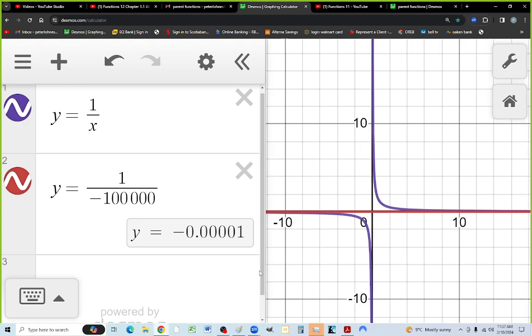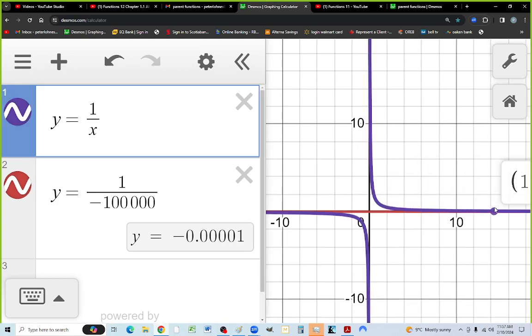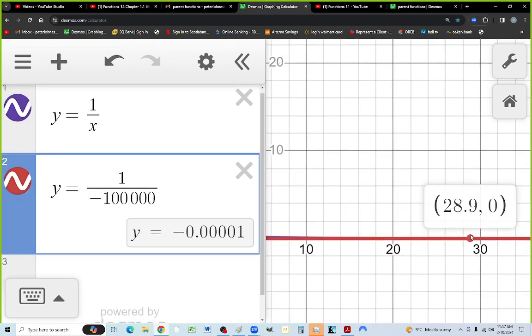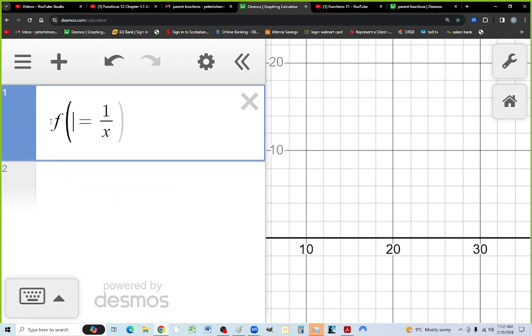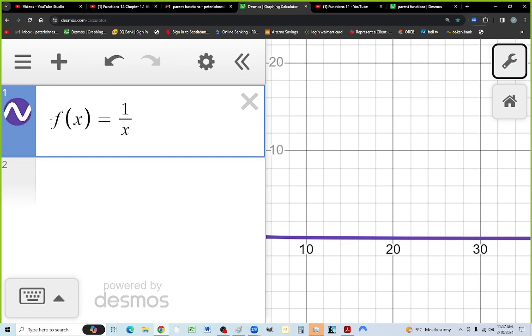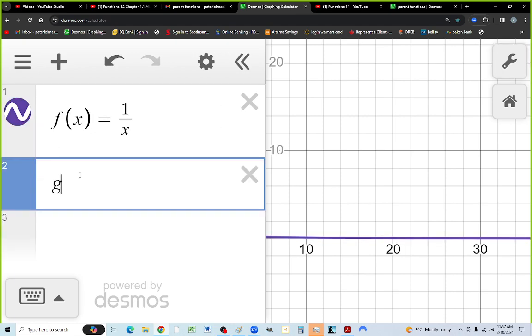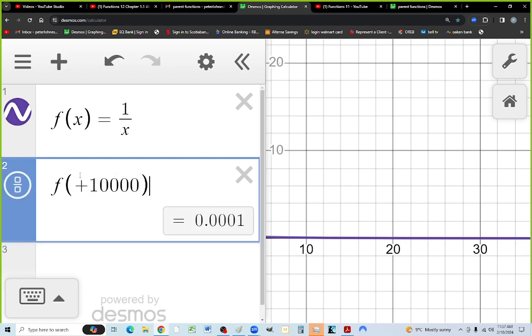But let's look at the far right side. As x approaches positive infinity, what is y approaching? Let's figure that out. I can just put f of x in here instead of y, and then down here I can let it solve for me by putting f of positive a million. What is y approaching? Put some more zeros. 0.